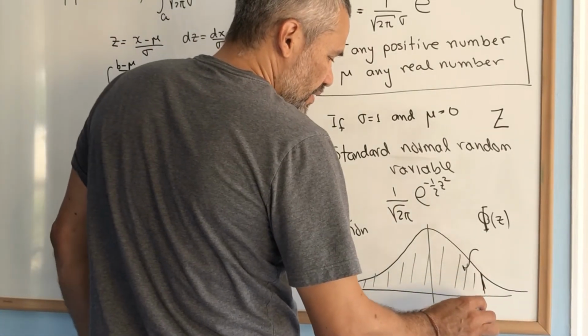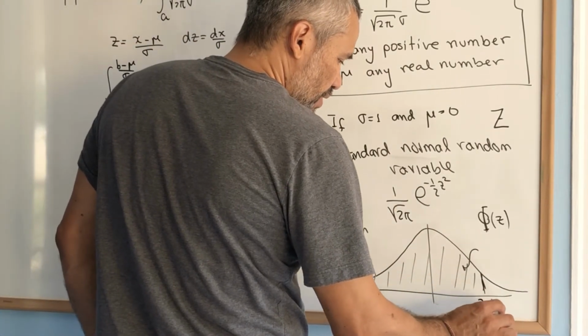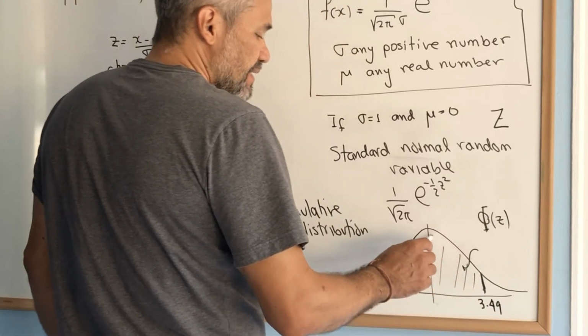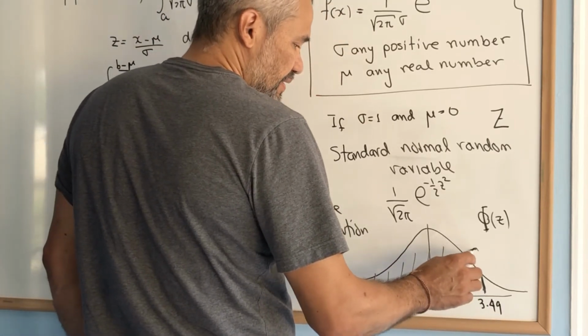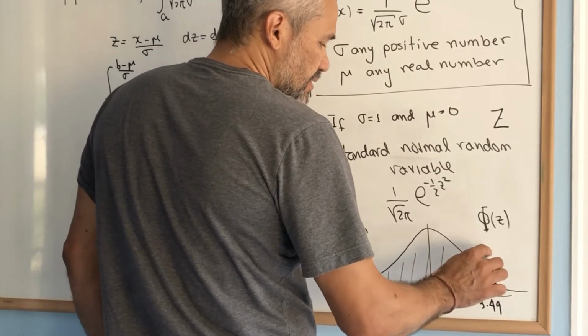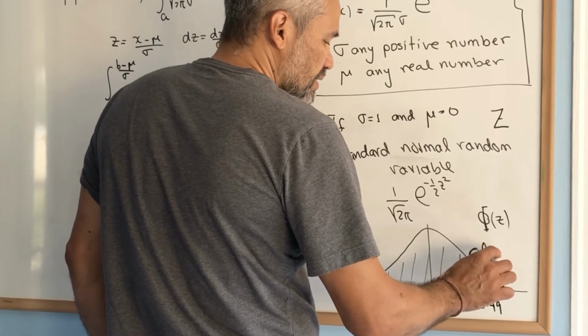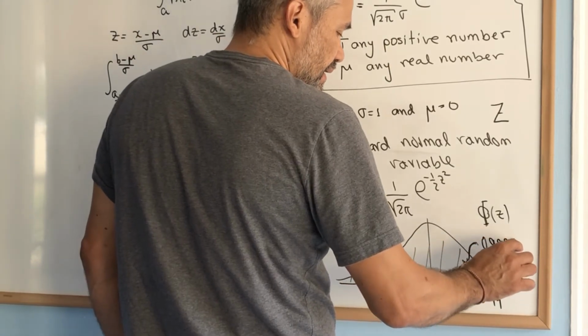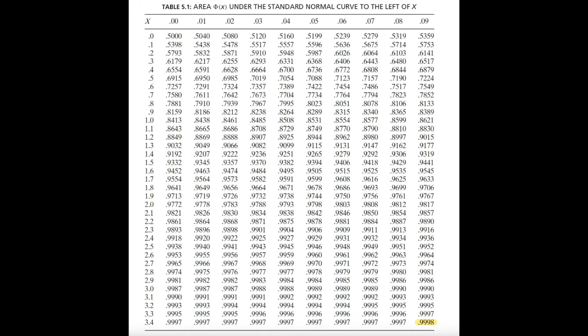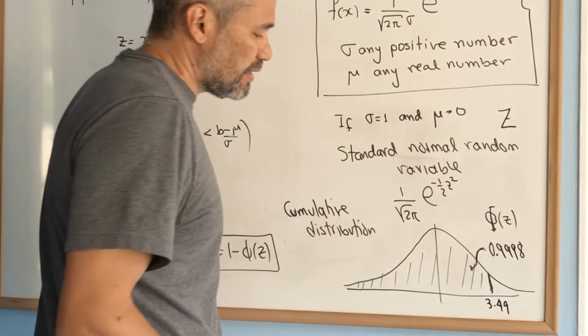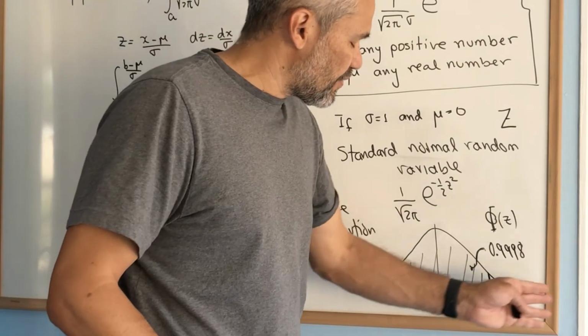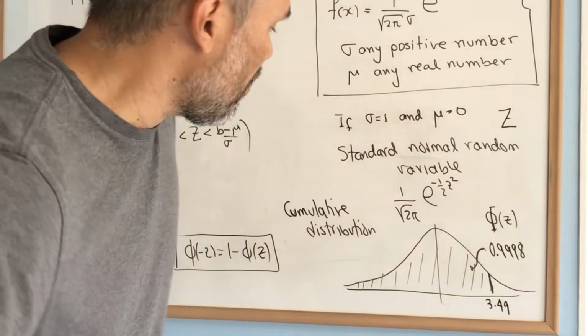When we have 3.49, this area is 0.9998. The highlighted number at the bottom right shows the cumulative function at 3.49. That means that the area after that is very, very small.